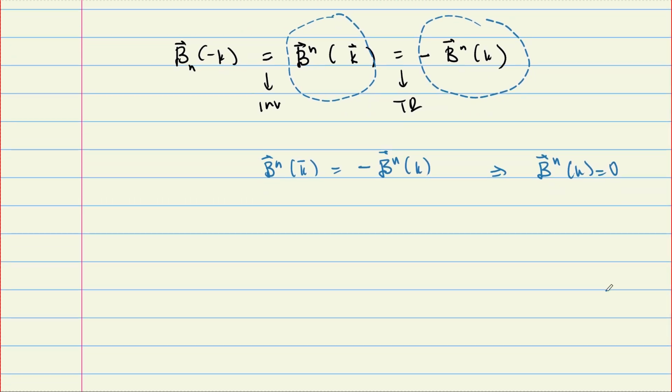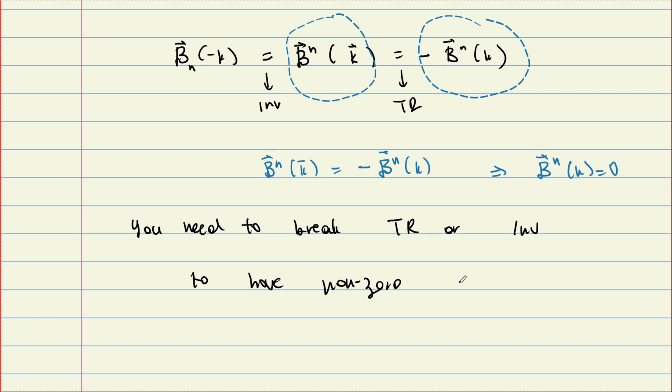And that's the last message: you need to break either TR or inversion to have non-zero curvature. Good. Any questions? Okay. Thank you.